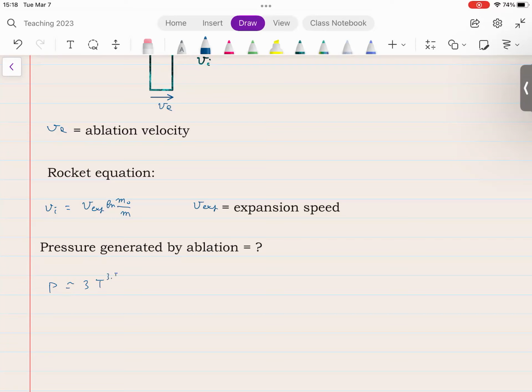It's equal to 170 times temperature to the 3.5. I'm going to first write it and then define the various symbols. Okay.